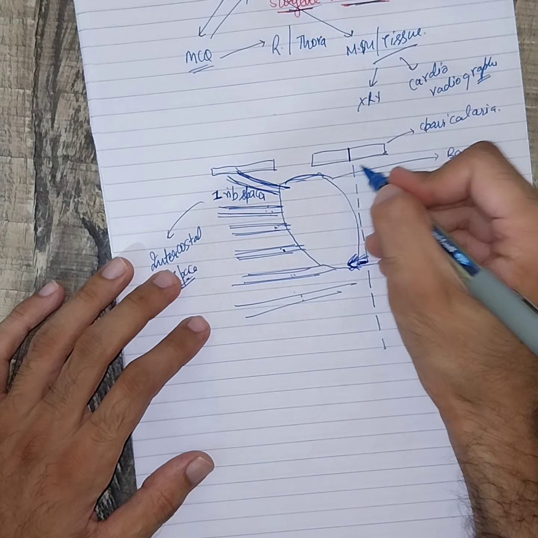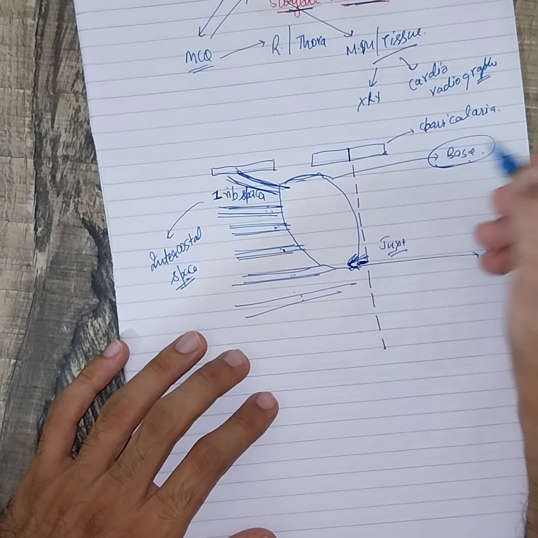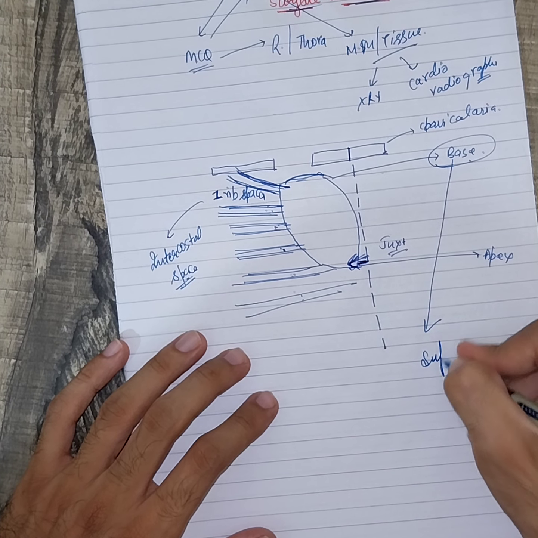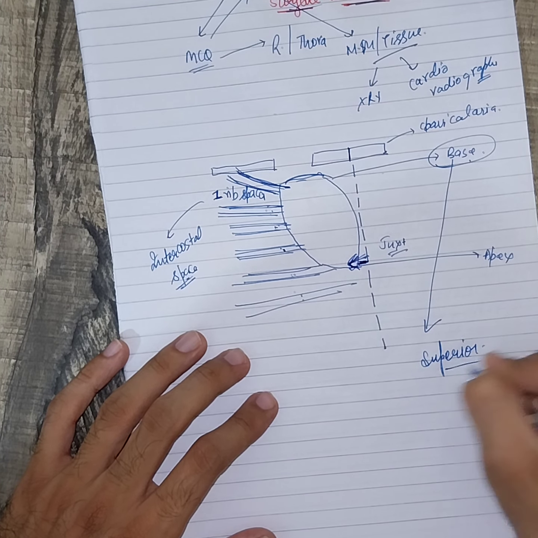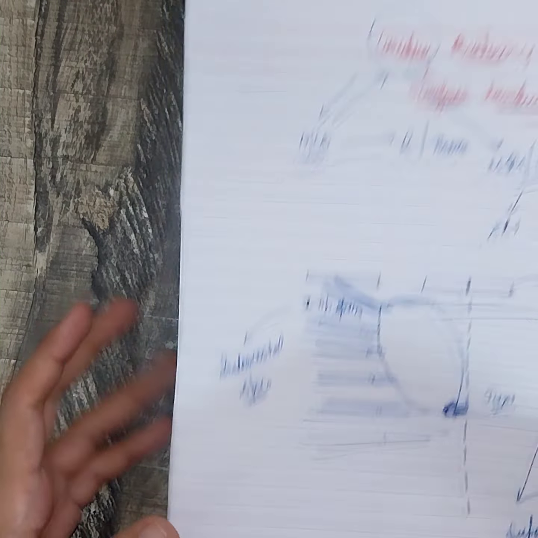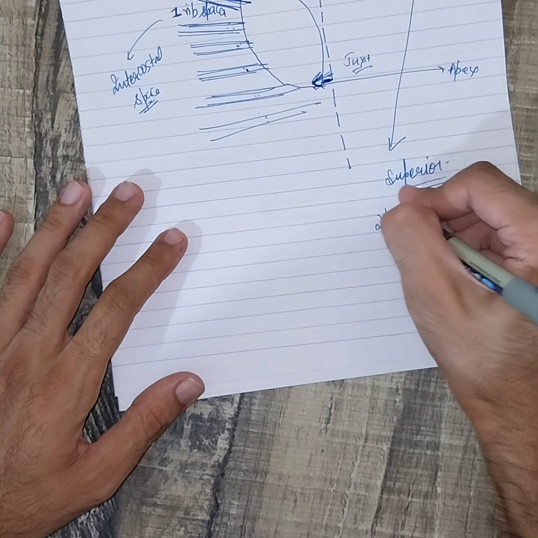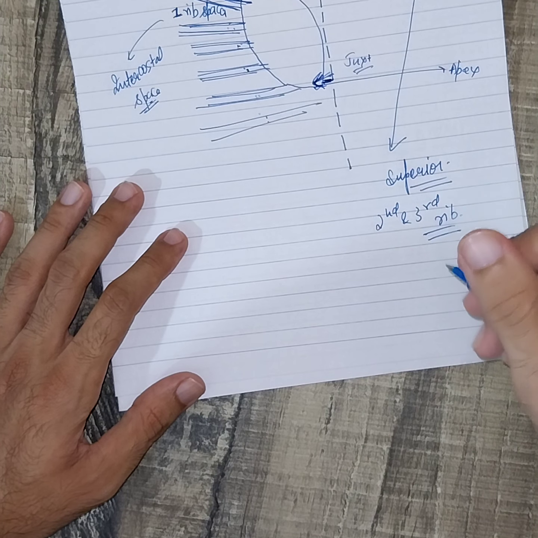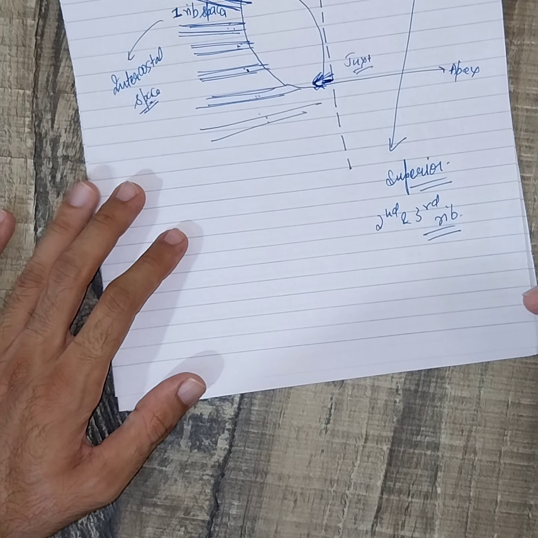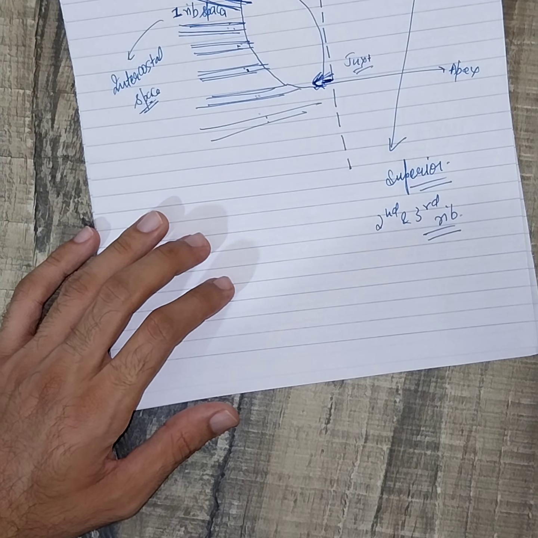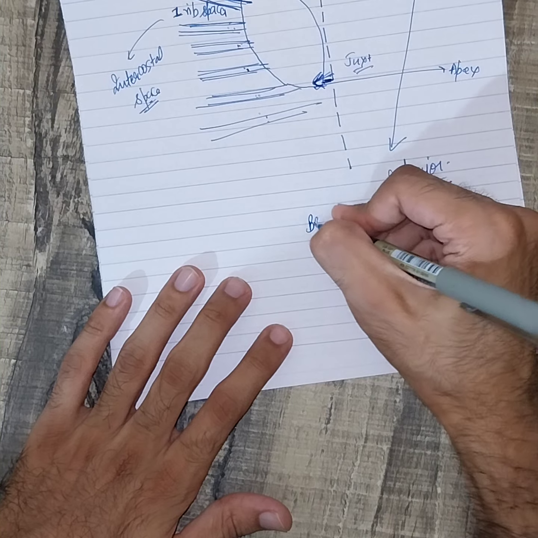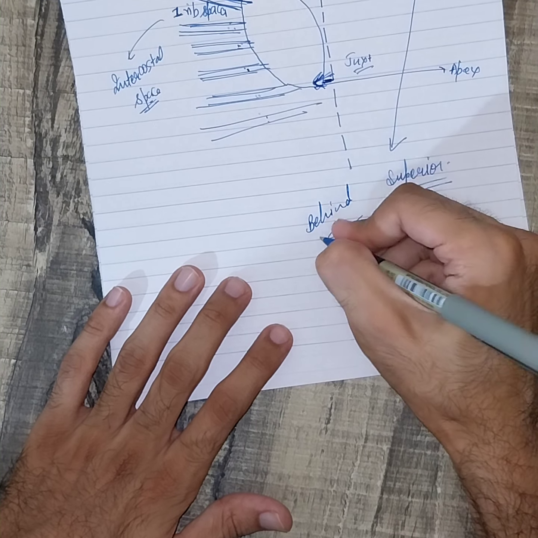Now, the base of the heart is located at the superior aspect, and it is important to know that the base lies between the second and the third rib, or the second and the third intercostal space. It is a prime landmark. And secondly, it is just behind your sternum.